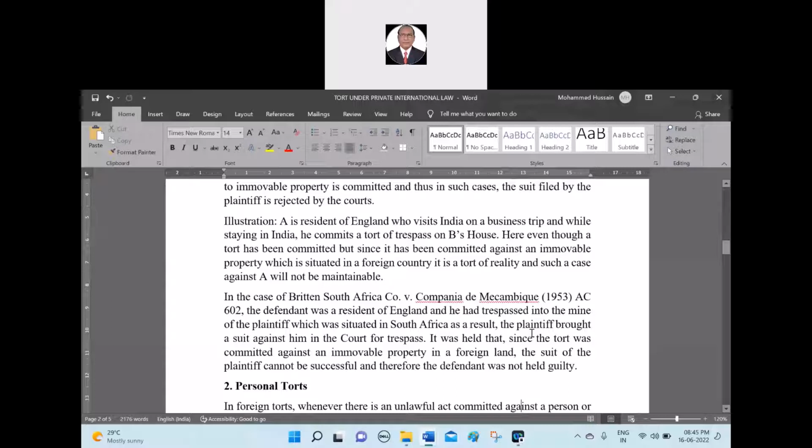Suppose you entered somebody's room and you have taken some electronic item from there. Taking the electronic item is taking movable property. It is not trespass to immovable property. It is a trespass to movable property. At that instance, yes, he can be challenged there, and a case will be filed against the foreigner in India, or a case will be filed in Tanzania if any foreigner has taken any property from Tanzania.